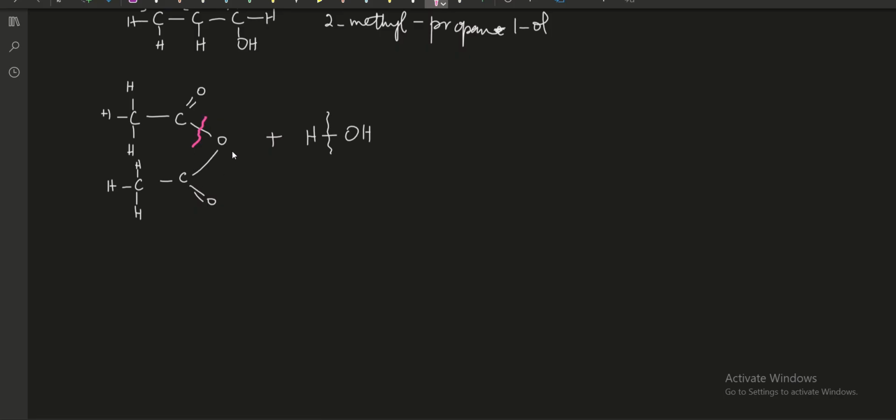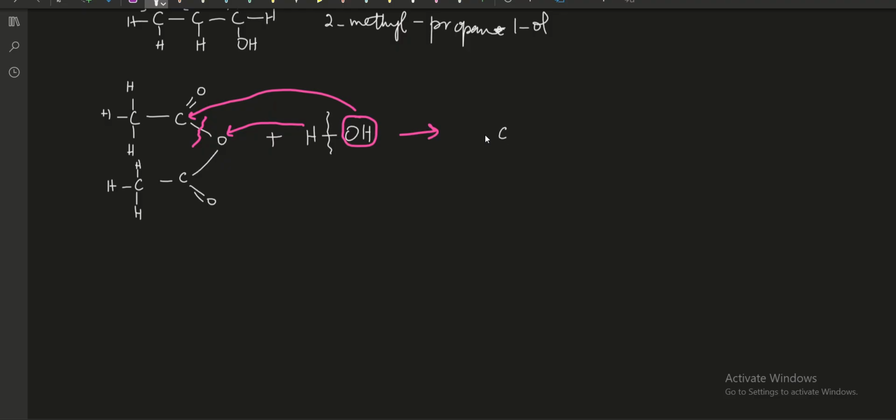Let's say this bond breaks, so this carbon will combine with the hydroxide ion. Over here, this OH group will form a bond with this carbon, and since the bond is breaking between carbon and oxygen, from water this hydroxide ion will get bonded with this carbon, and the hydrogen ion will get bonded with the oxygen. As a result, we will get 2 molecules of carboxylic acid.